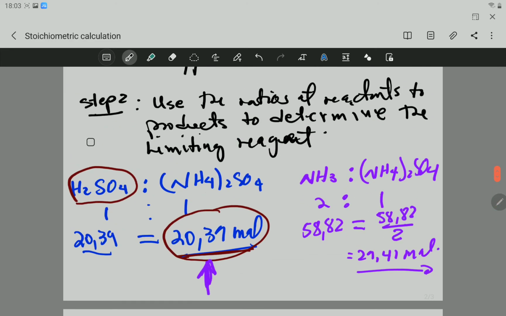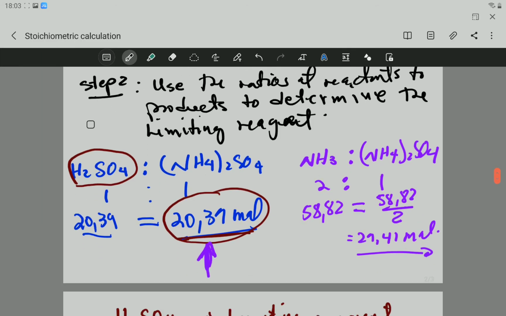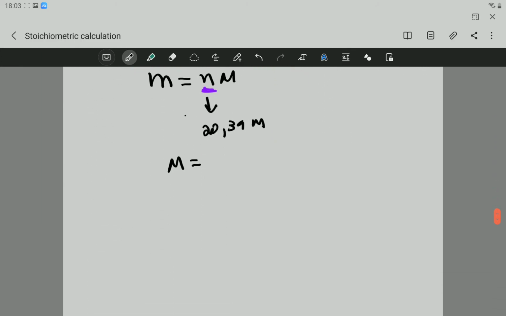So, let's write here ammonium sulfate. This is ammonium sulfate, NH4 bracket 2SO4.